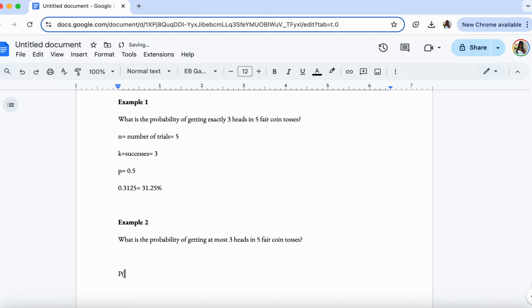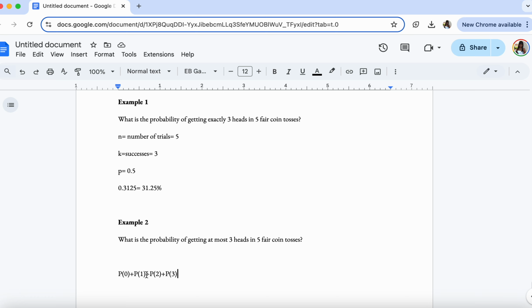So probability of 0 plus probability of 1 plus probability of 2, and at most 3, so that does include 3, probability of 3. Now the good news is that the calculator does this cumulative probability for you. You do not have to do each and every one. You could, if we were to do the same steps we did in example 1 for 0, 1, 2, and 3 and add them up, we would get the right answer.